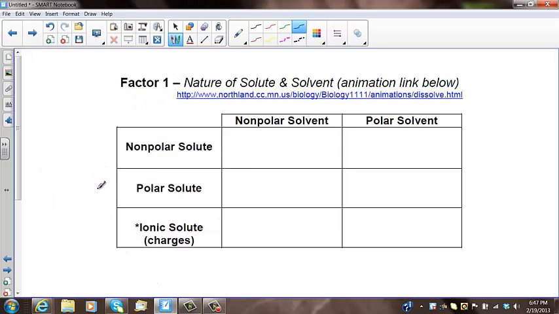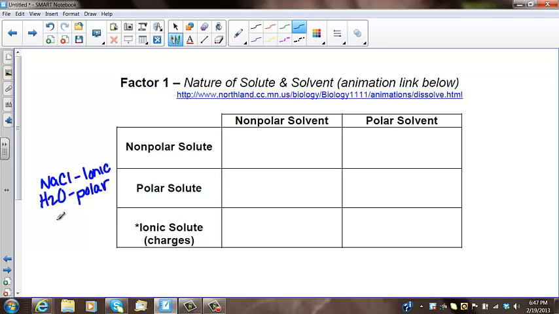So, what that showed us, I'm going to put it over here, we had NaCl, which we know is ionic, and we had water, which we know is polar.